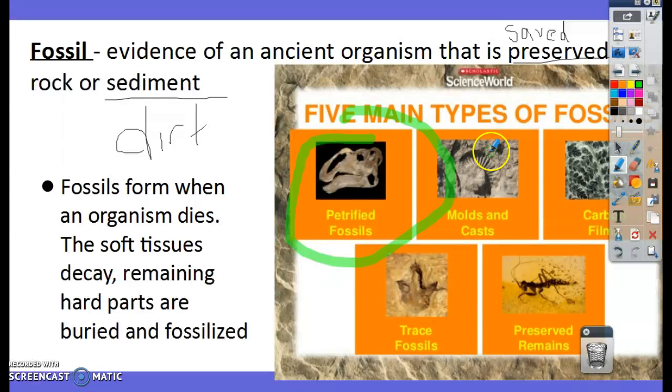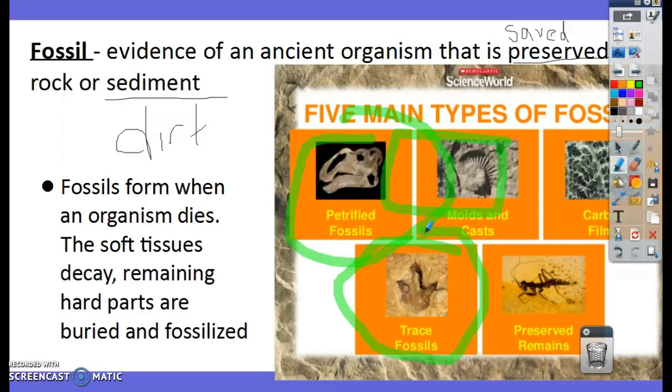We also have molds and casts. You might have seen an imprint of like a shell in a rock. That would be a mold or a cast. We have trace fossils, okay? These are fossils that are left behind from organisms, but it's not actually from the organism itself.